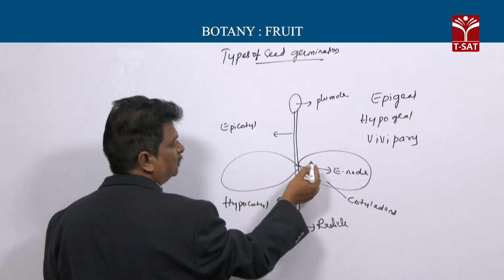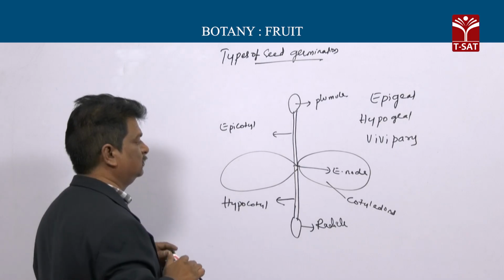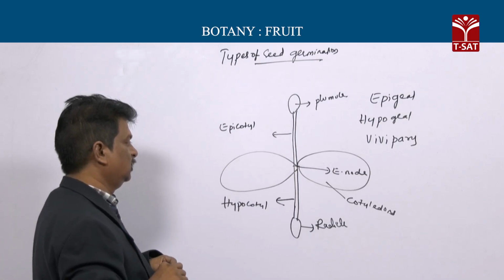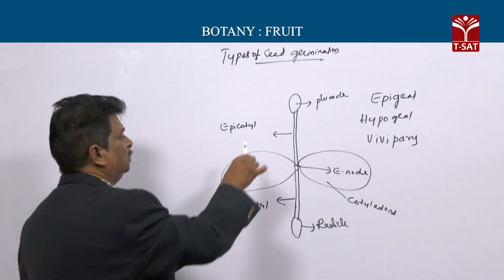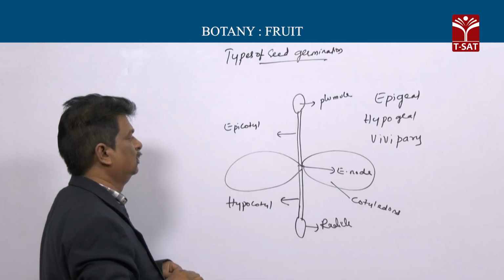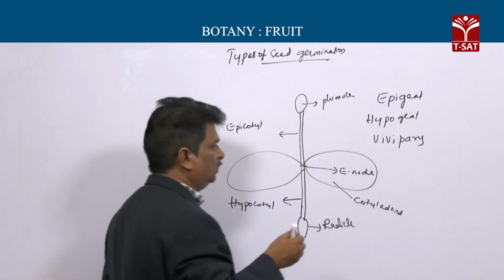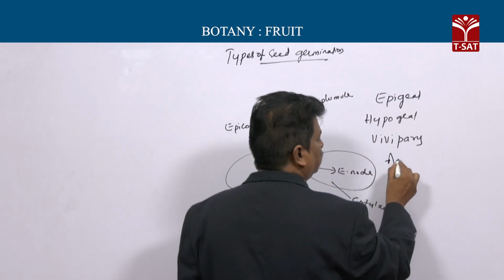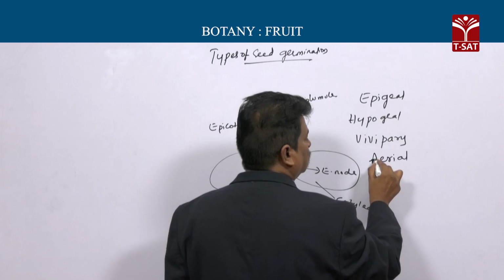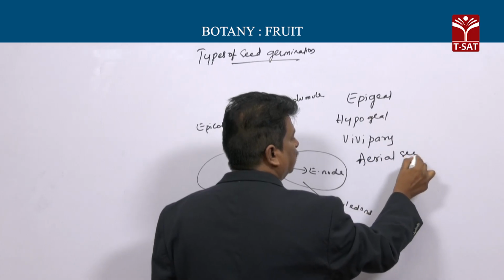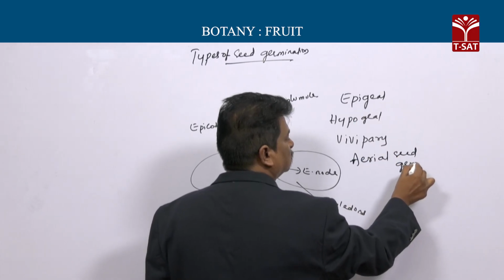In this type, cotyledons are below the ground. It is due to elongation of epicotyl.